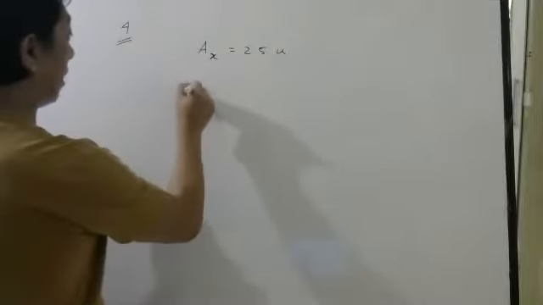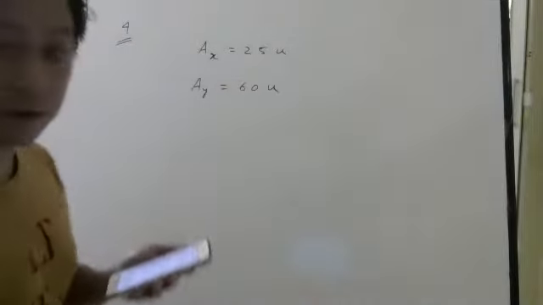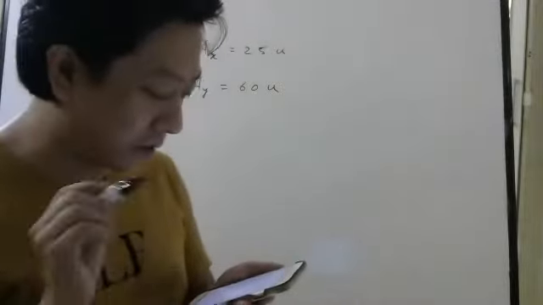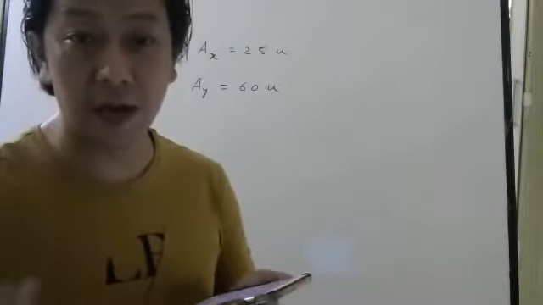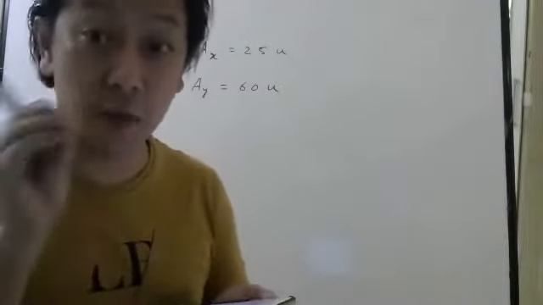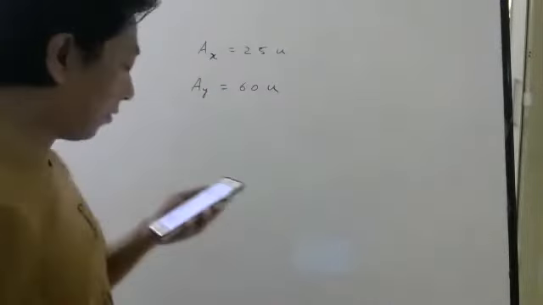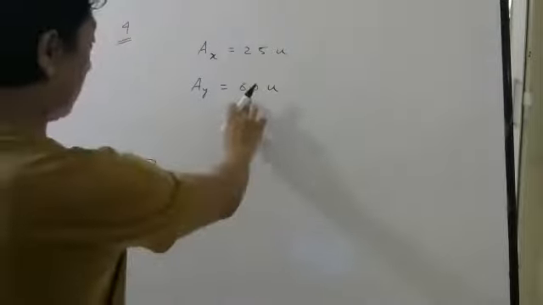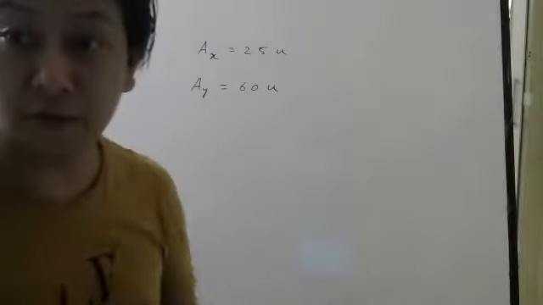So the y component is 60 units. This is clear, right? They are saying a vector has components. So they are not telling you this is the vector. They are telling you the vector has component along x-axis equal to 25, along y-axis equal to 60. Find the magnitude and direction of the vector.